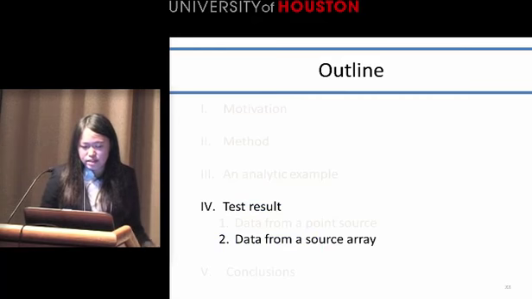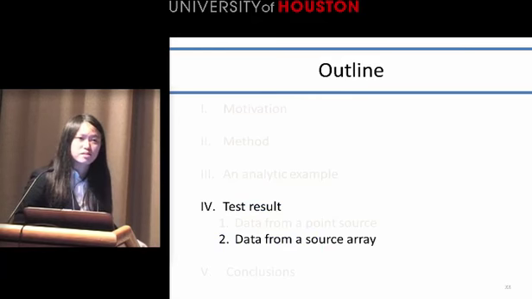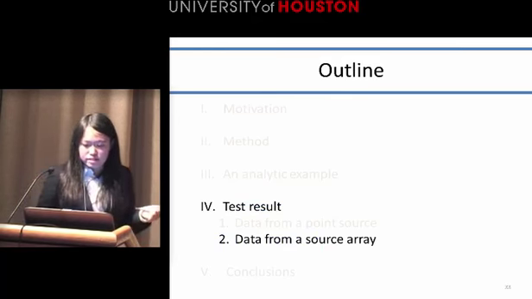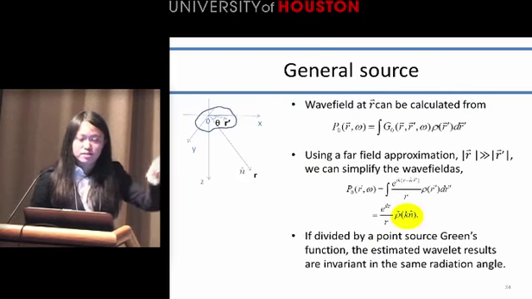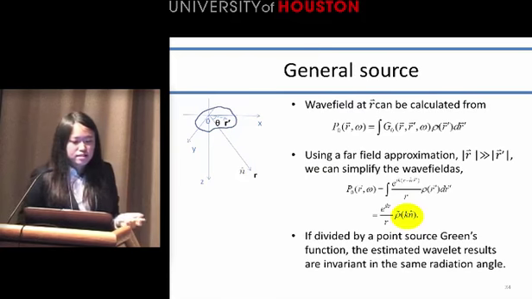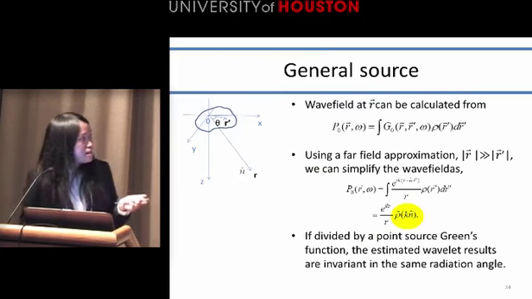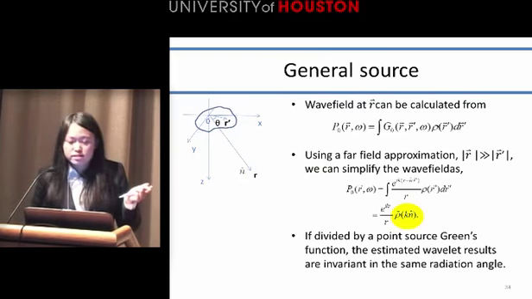And for the cases of data generated from the source array, the invariant is no longer at every point, but along one radiation angle that we illustrate here from a general source case.